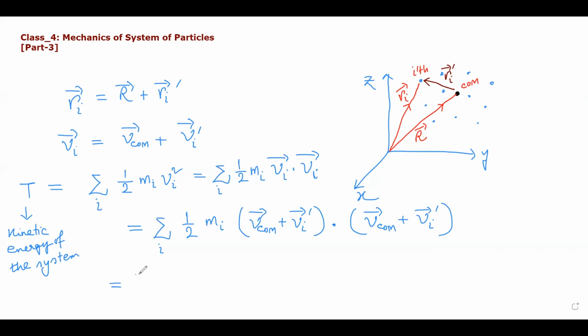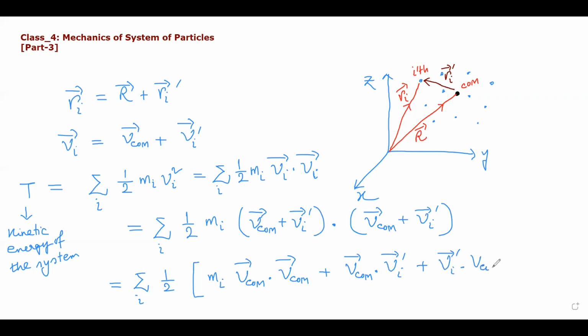This will be sum over i of half mi, VCOM dot VCOM, plus VCOM dot Vi dashed, plus Vi dashed dot VCOM, plus Vi dashed dot Vi dashed. These are the dot products.